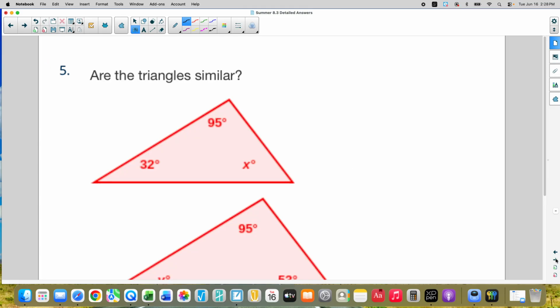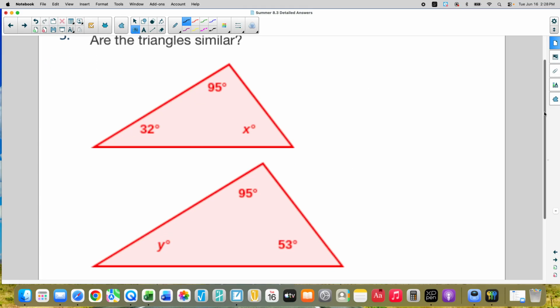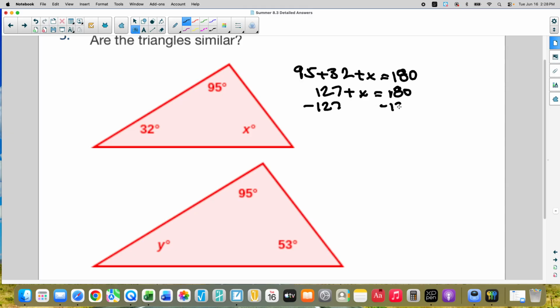Are the triangles similar? Well, we know that the sum of the angles should equal 180, so 95 plus 32 plus x should equal 180. So that gives us 127 plus x equals 180. Subtract the 127 from both sides, and x gives us 53.